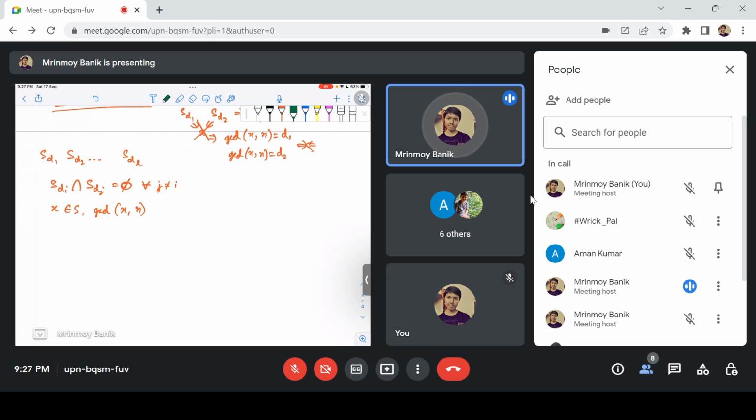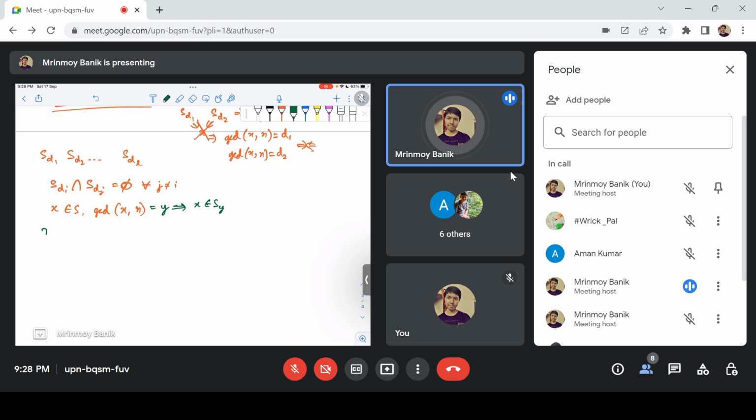So taking anything from S that will have a GCD with n, say suppose y, and that will place x in S_y. So all the elements of set S are in some element of S_y.